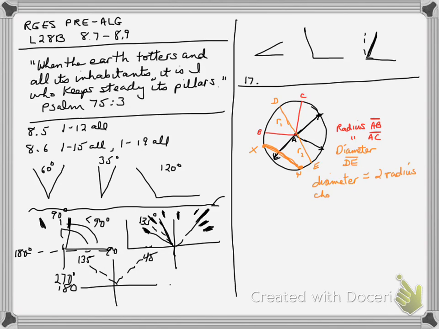Now, a diameter is also a chord because DE, the line segment DE, has both the points on the circle also, okay. This line here is technically the circle, not everything within it, okay. So XY is an example of a chord. What else? An arc. Okay, let me go to a new circle here.